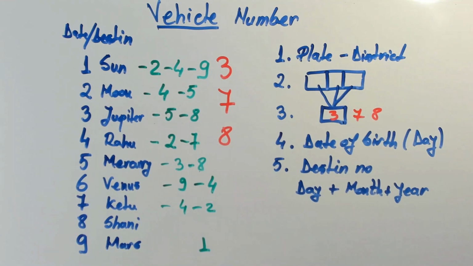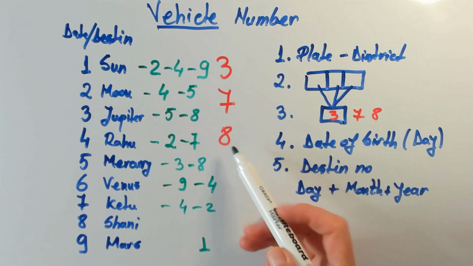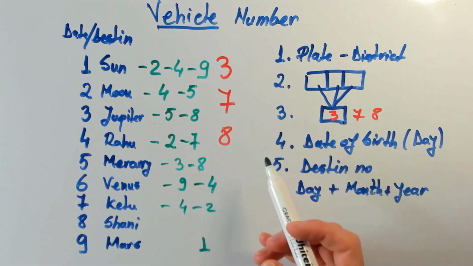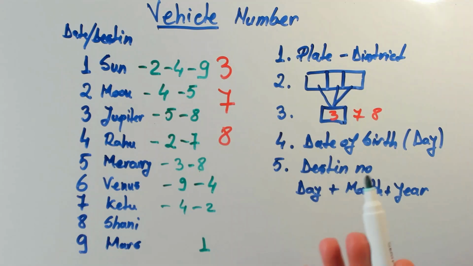Now let's go to 8. Again, it is a number that we don't want to have on the plate, but if you have it on the plate, we have to try to see how we correlate the numbers to have minor damages.